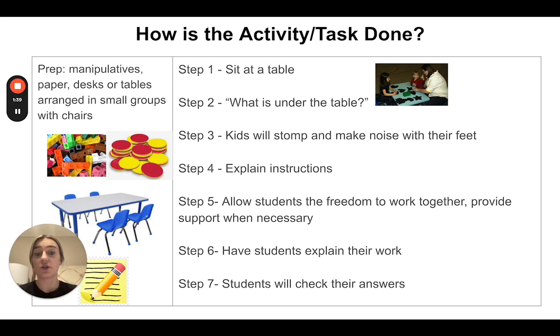At the end, students will check their answers by looking under the table and seeing how many feet there are. And if you get students saying, oh, I'm done, you can have them flip their paper over and try to represent it in a different way.